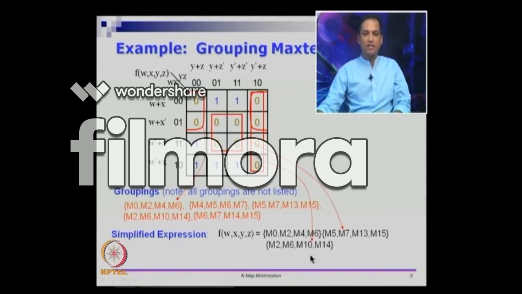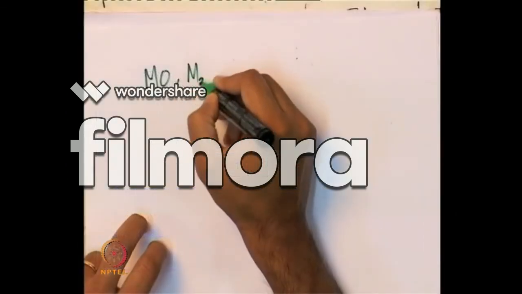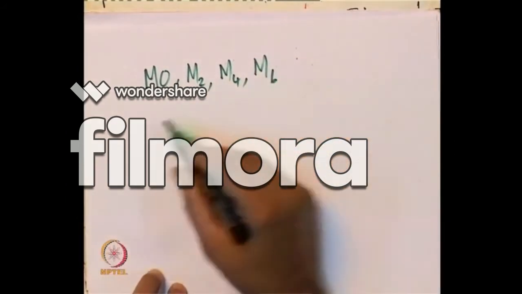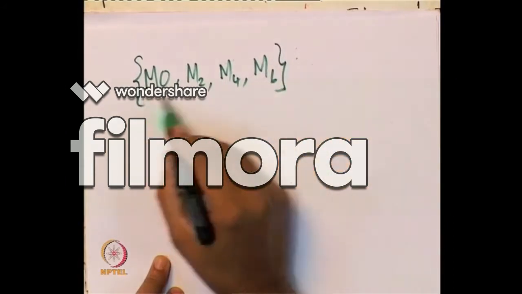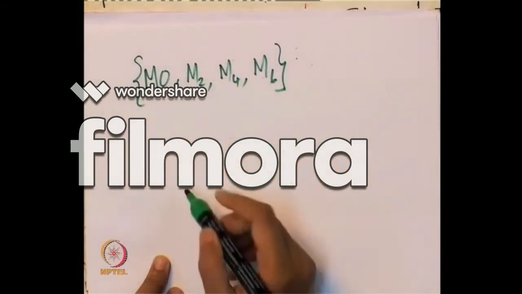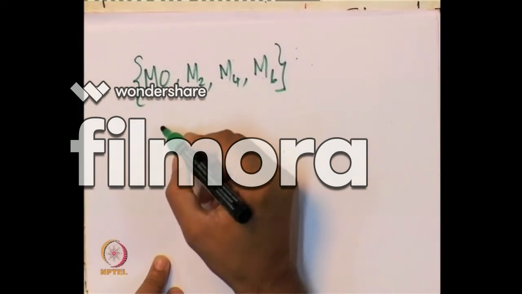Now we can go and write the expressions for this directly by looking at M0, M2, M4, M6. So let me show you how to get the corresponding expression for M0, M2, M4, M6. Remember this is a set, it is not a product of these four. So the sum term that corresponds to this should have this one.